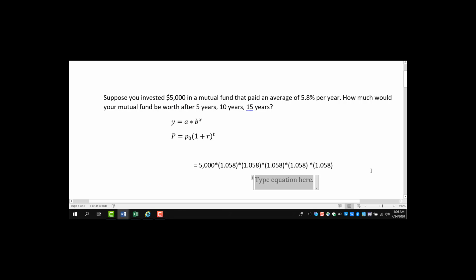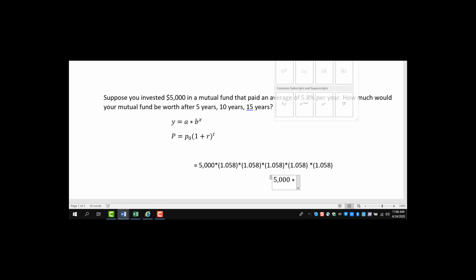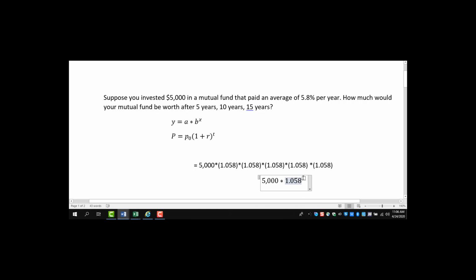We're going to take 5,000 times 1.058 raised to the 5th power. So you can either do it this way or you can just do it this way.